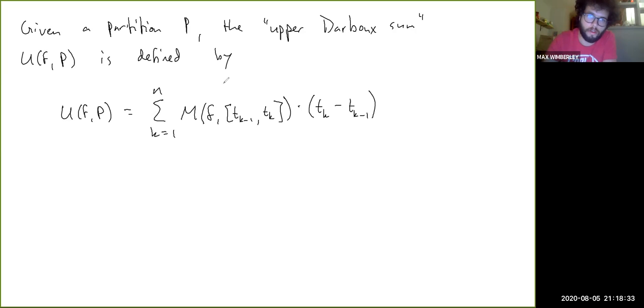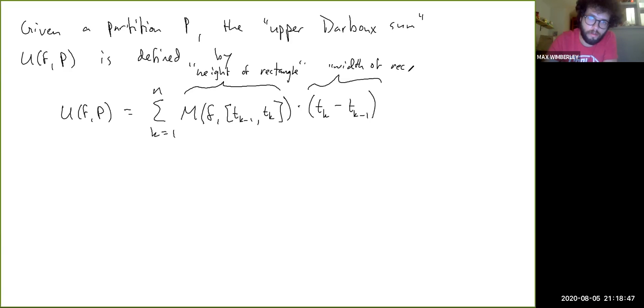So this is like the height of the rectangle, quote unquote, and this is the width of the rectangle, right? So this is like an overestimate of the area under the graph.